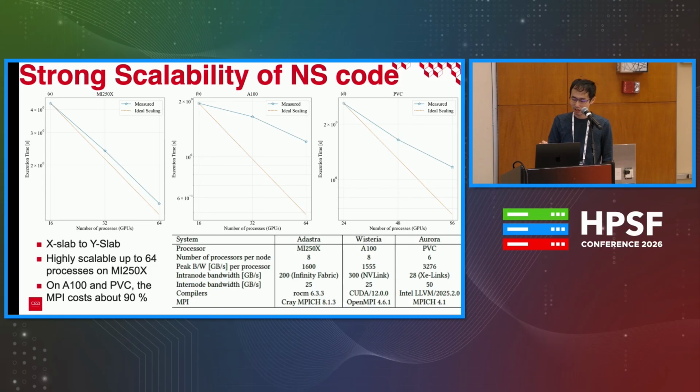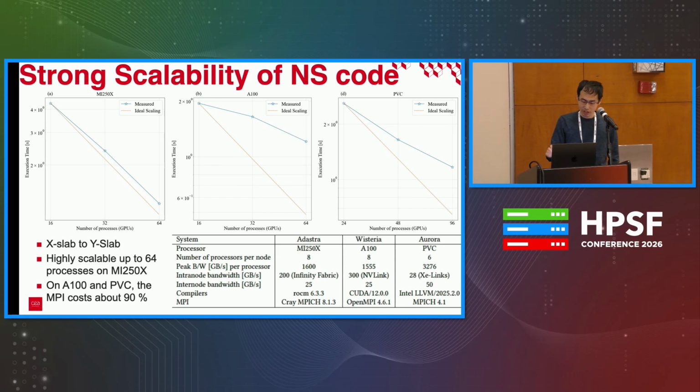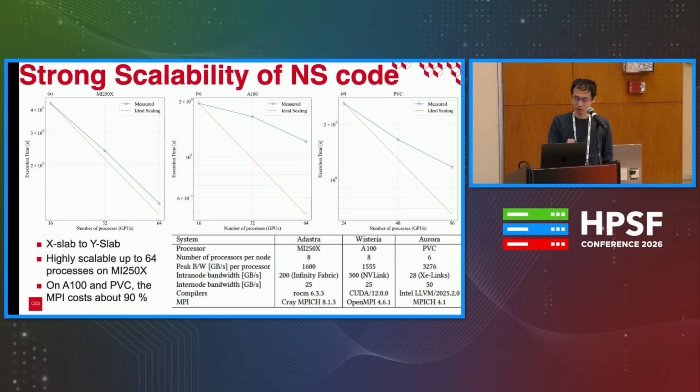So in the end, the performance is roughly identical for all these backends. On MI250X, at the beginning point it doesn't perform well because of the communication bottleneck, but that's all.